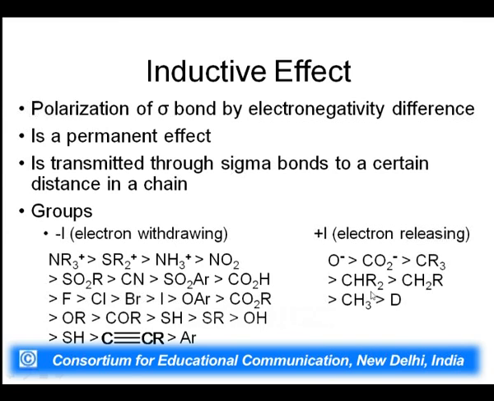Alkyl groups donate electron density towards the carbon atom. This may be understood on the basis of the fact that the more methyl groups are present on a carbon, the more the electronegativity difference in a methyl group is towards carbon. Carbon is more electronegative, at 2.5 on the scale, and hydrogen is 2.1.